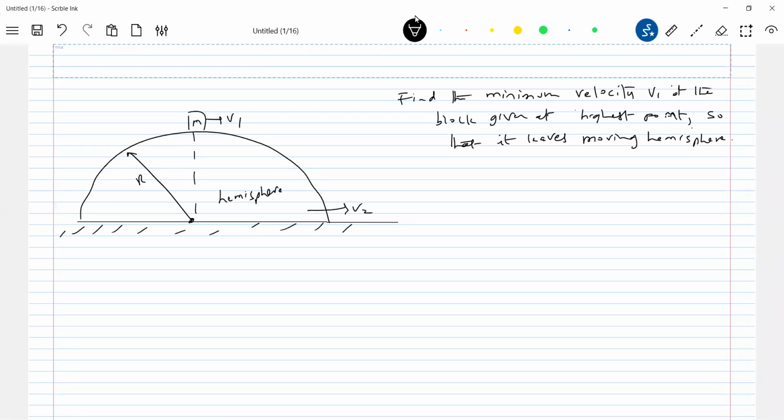So what was the formula? v equal to root gr, no? So in this case, what should we write? v relative equal to root gr. What is r? r is the radius of the hemisphere. What is v relative? v1 minus v2. Can we write down an equation like this?